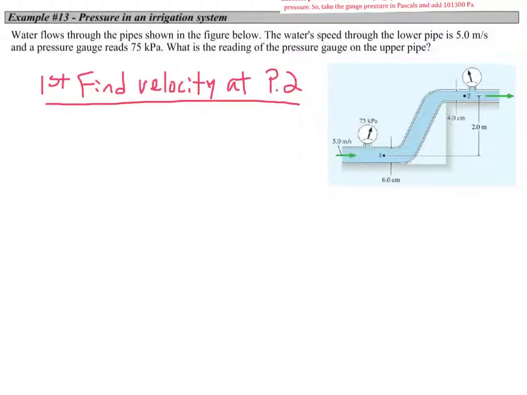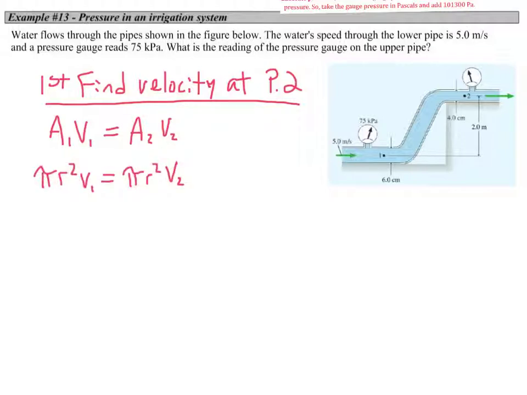The first thing that we want to do here is find the velocity at point 2. Now, because the volume rate of flow has to be the same regardless of what happens to the pipe between point 1 and point 2, we can use the continuity equation to find the velocity at point 2. So we have the cross-sectional area at point 1 times the velocity at point 1 has got to be equal to the cross-sectional area at point 2 times the velocity at point 2.